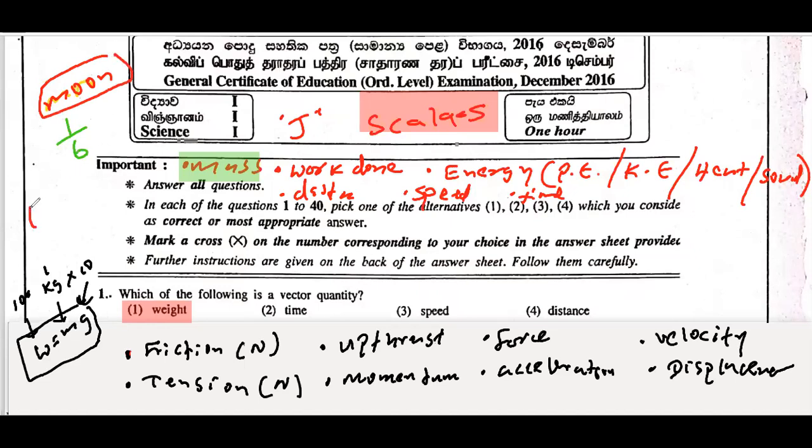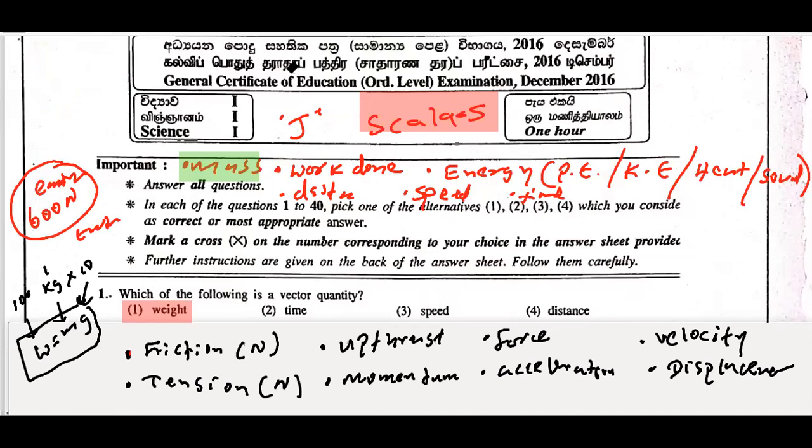So if you are 600 Newton on the earth, on the moon it becomes 600 into 1/6, that means 100 Newton. Once in the oral paper they gave a question like that also. On the earth, your weight is 600 Newton. When you go to the moon, it becomes 1/6, that means 600 into 1/6 will be 100 Newton.